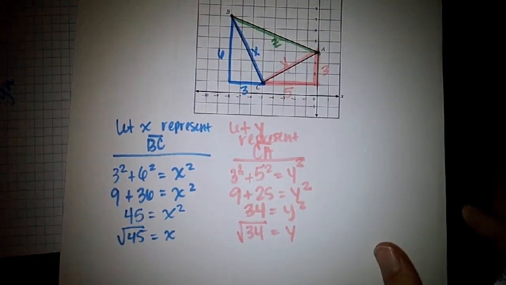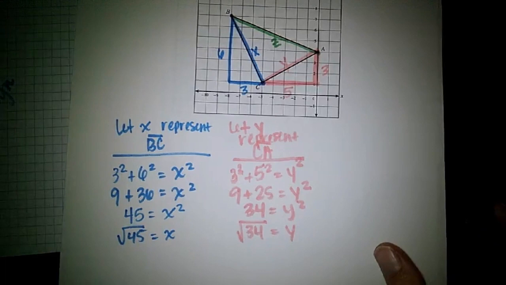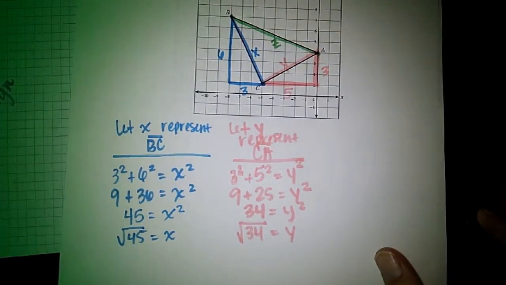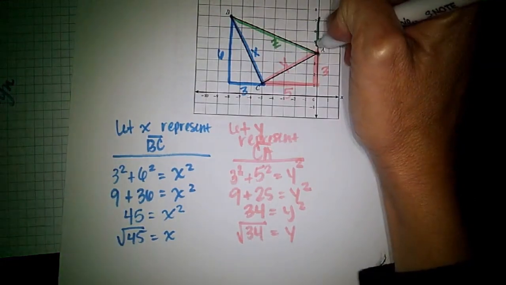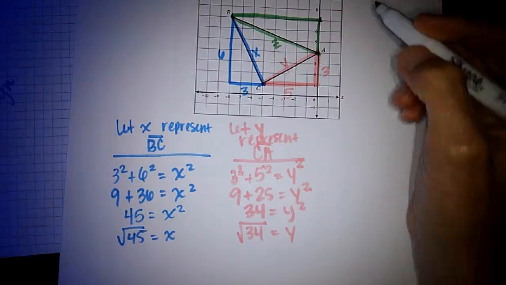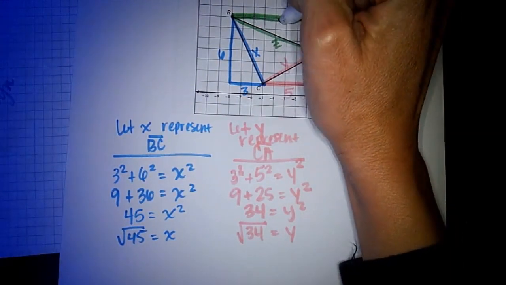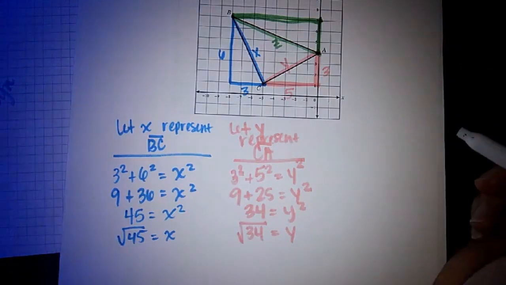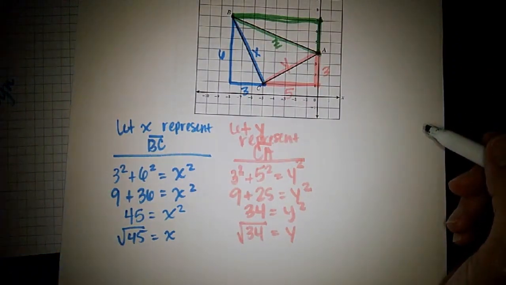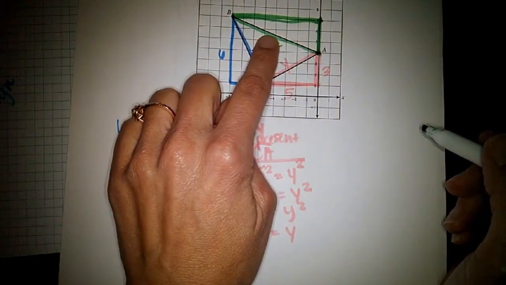Okay, what do we need to do now? What are we doing? Oh, you're making another triangle. I'm making another triangle. Yes, sir? I have another way to solve the line C. Okay, what would you do?